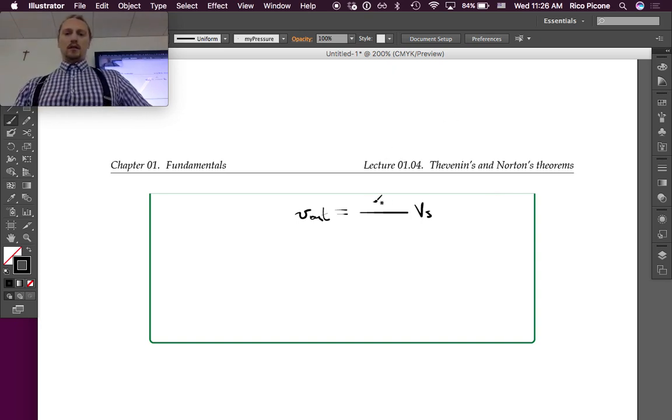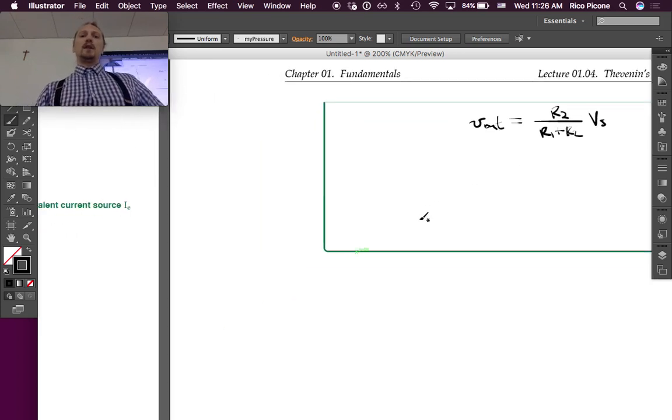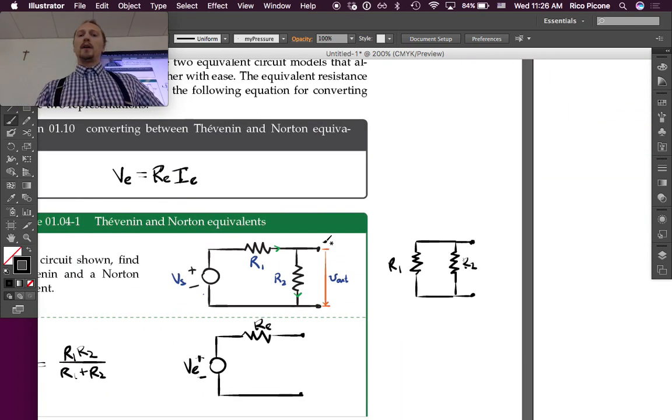R2 over R1 plus R2. Exactly. And that's because R2 is the resistor across which we are taking the output voltage, right? It's conveniently exactly the same as the one that we did in the previous lecture. I wonder who could have seen that coming.